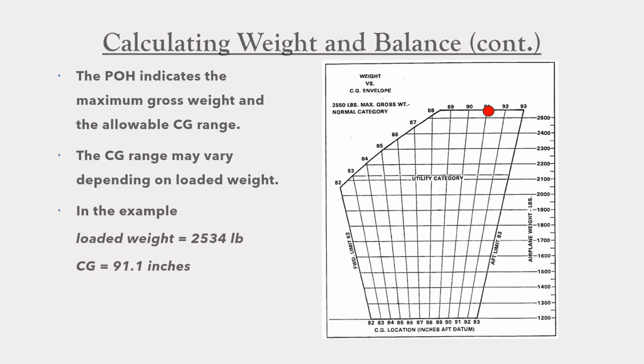So in the example we just ran, we had a loaded weight of 2,534 pounds and a center of gravity of 91.1. If we find that point on the graph and it's within the boundaries, then we are safe to fly with that loading.